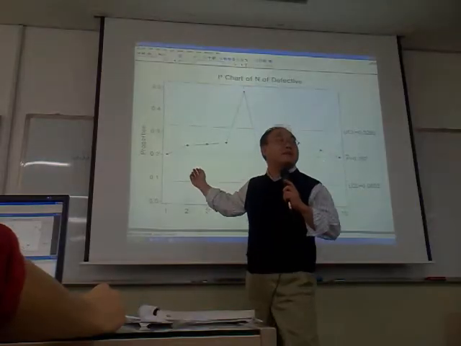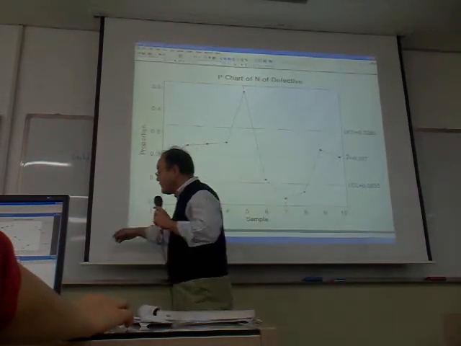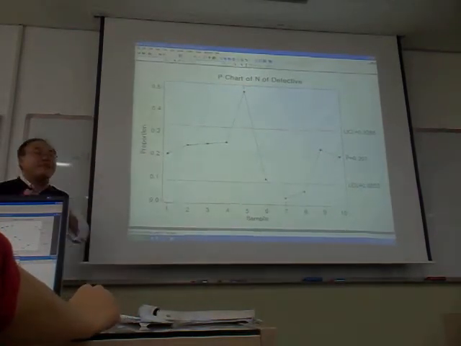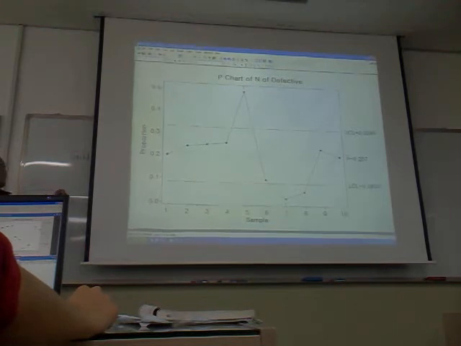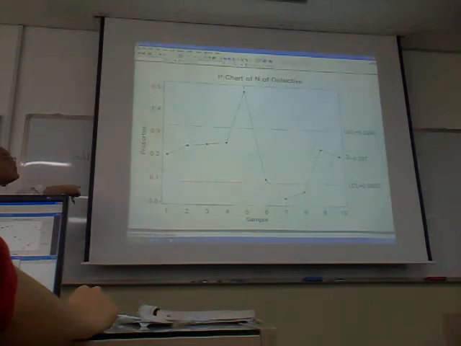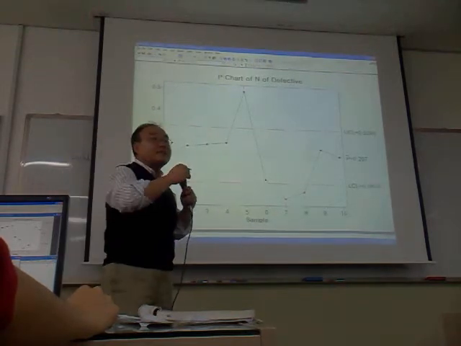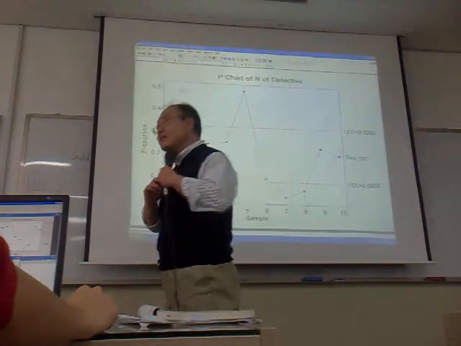It looks very similar because probability of defective is, for example, 20 divided by 100. So this is changing to the probability, but using the number of defects it looks similar, but could be different.